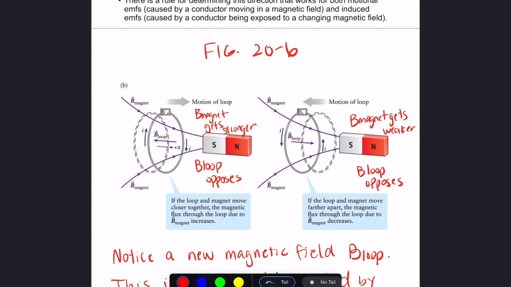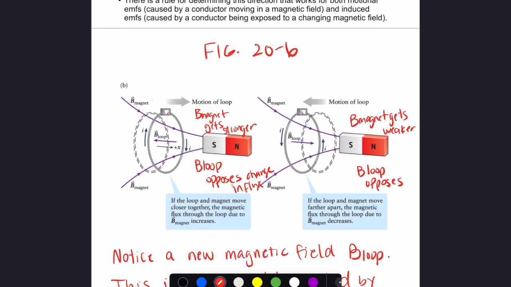But in problem solving, to figure out what direction the current is, you're going to first figure out what direction B loop is, and then do the right-hand rule to see the current direction. And so the rule for B loop is that it always opposes the change in flux. So the flux is increasing, right?